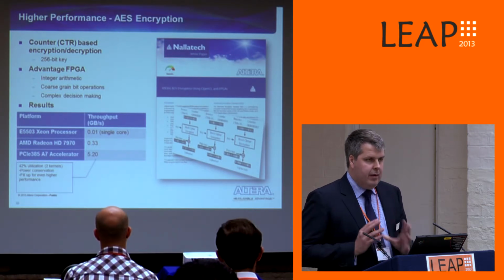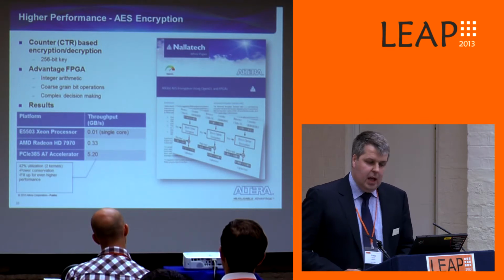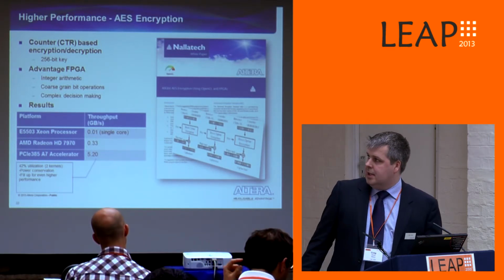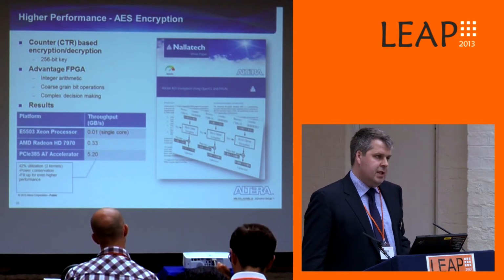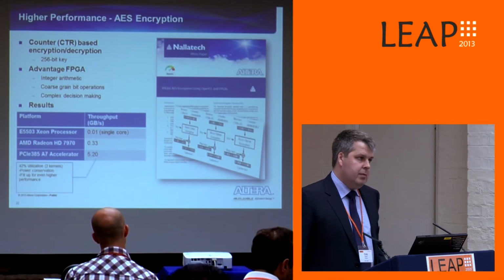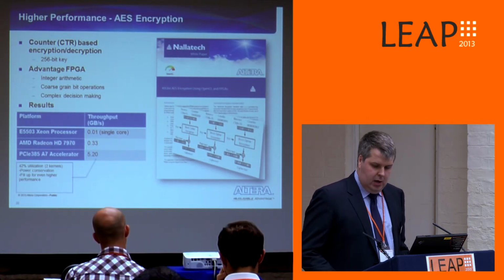This is a very useful example of where the FPGA fabric fits in nicely. The advantage for the FPGA is integer arithmetic and coarse-grained operations, and the complex decision-making of the AES solution can be very closely tied to the data and optimized.